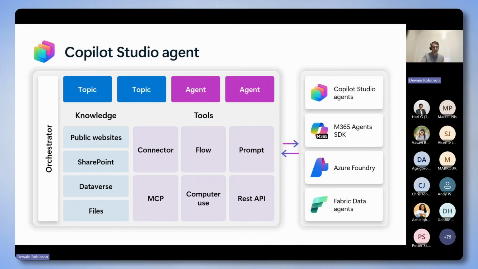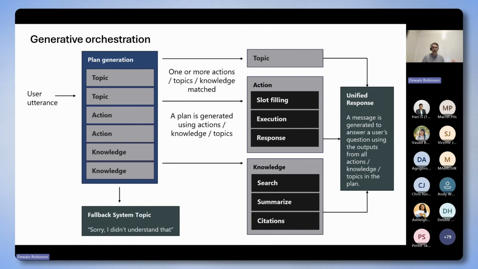So let's double click the orchestrator itself a little more because it's key for us to understand how this works before we start building. So when a user says something to the agent, what's going to happen is we're going to generate a plan. And the plan is going to get generated based upon all the different things that are available to the agent.